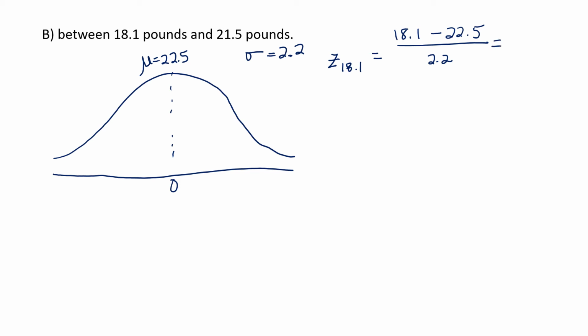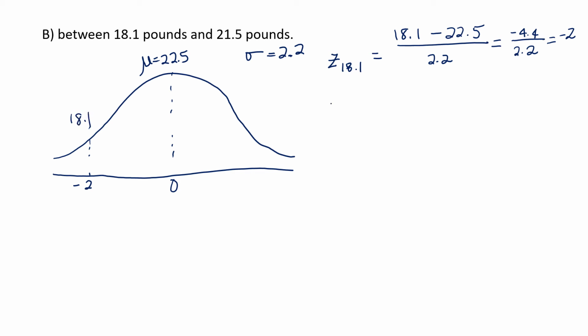The numerator, 18.1 minus 22.5, is negative 4.4. We'll divide that by the standard deviation of 2.2, and we get negative 2. Let's mark that on our graph. I'll go to the left of 0 and write negative 2 for the z-score, and right above it, I'll write 18.1.